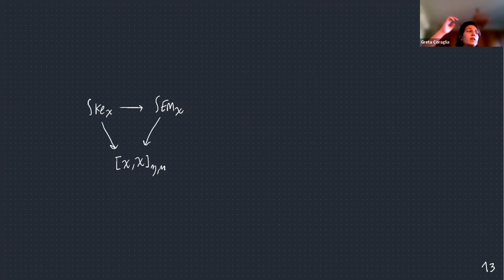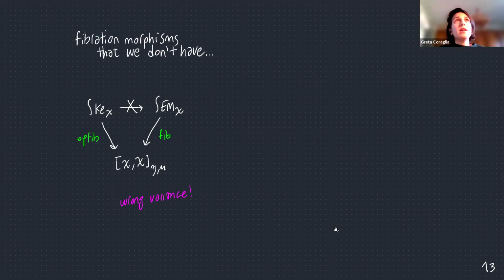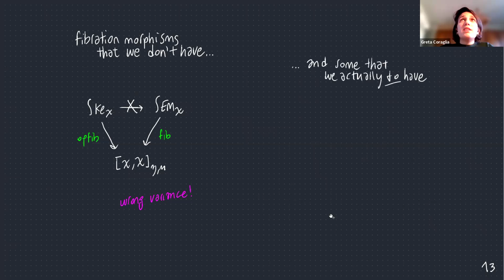Okay, so of course, one thing we wanted to do is compare the Kleisli and the Eilenberg-Moore construction, but as I told you, the problem is that they have different variances. So we wish we had a fibration morphism going from one to the other, but we cannot do so. We have some morphisms we cannot define, but some we can.